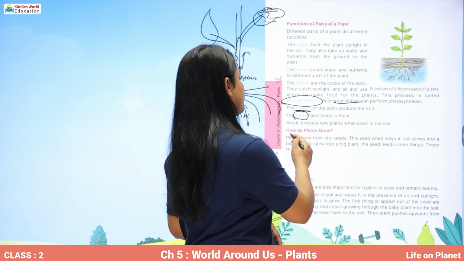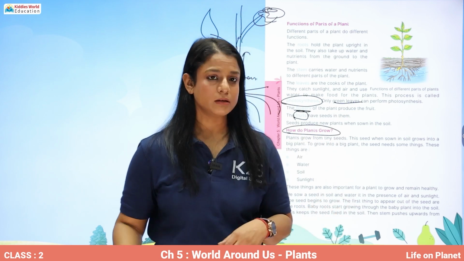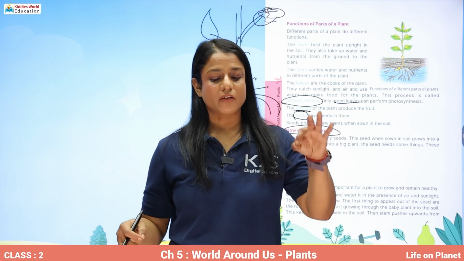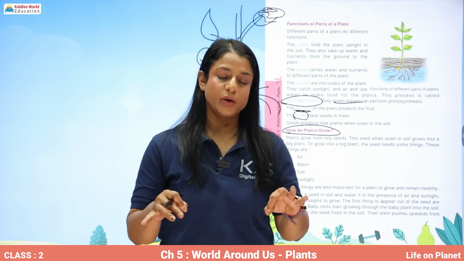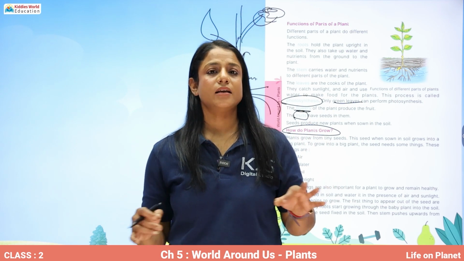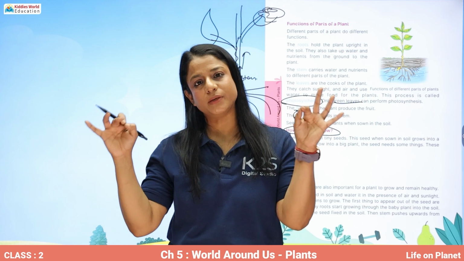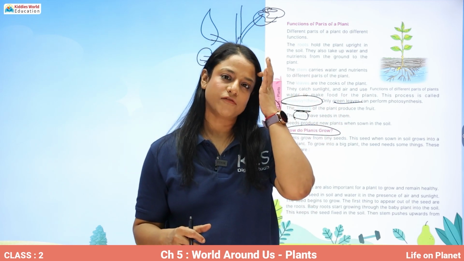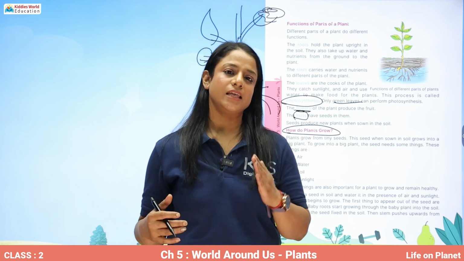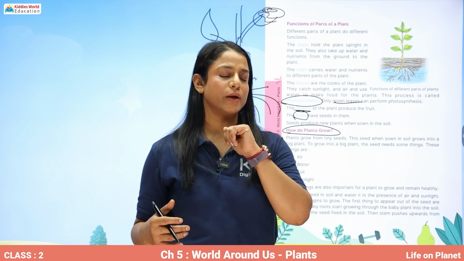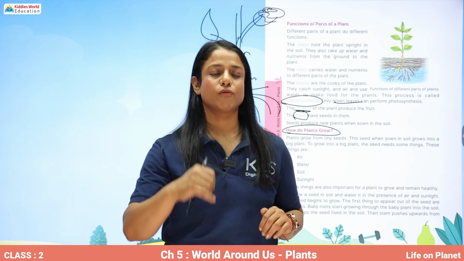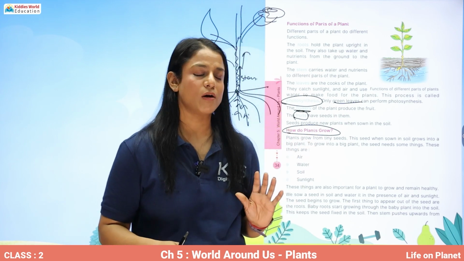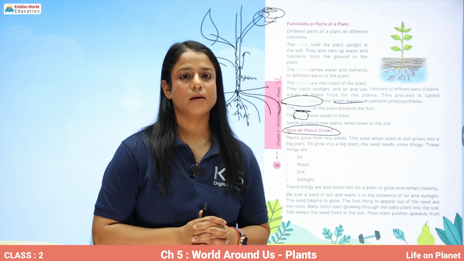Now, how do plants grow? When we sow the seeds in soil, we water it. In a few days, roots will start to appear from that seed. Then after the roots appear, the stem starts growing. When the stem starts growing, the leaves come on the new plant.